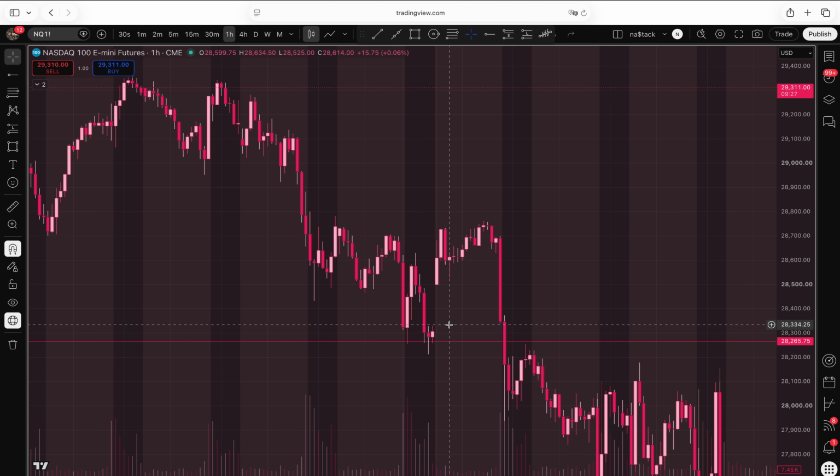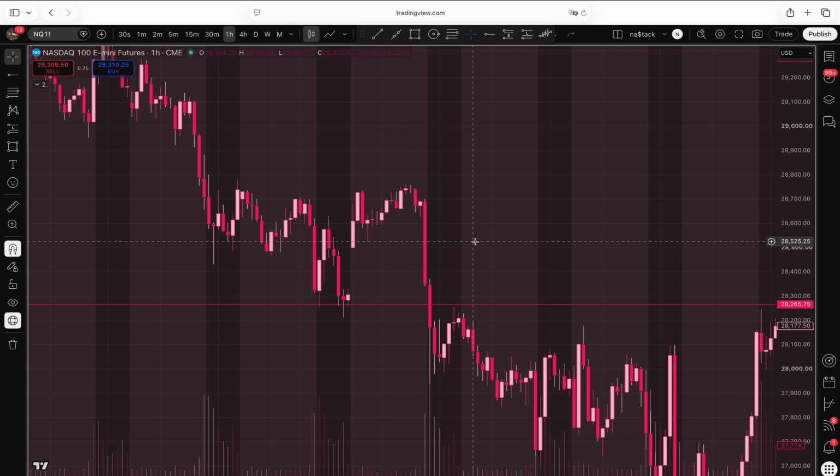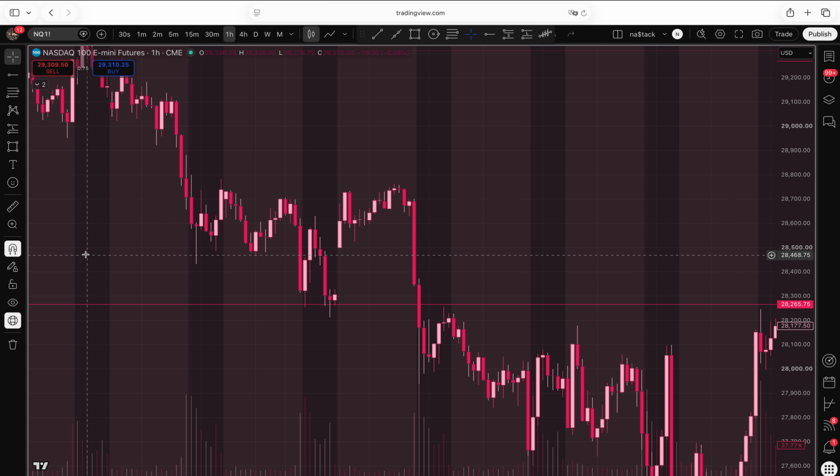There's a gap here. If you want it on a micro level, say you're on a rolling contract, or not a rolling contract, this is a rolling contract, but if you're on the NQU and you see this, you can mark this when price gaps up.